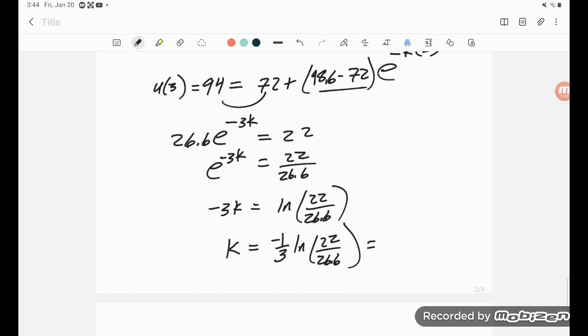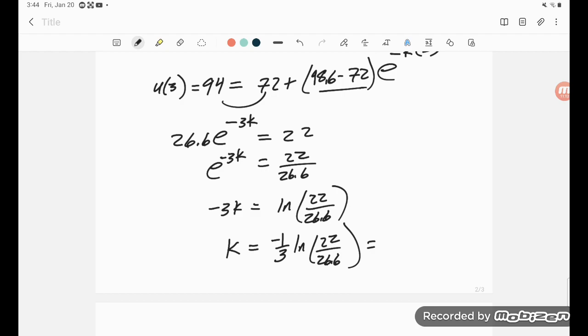So let's see, minus 1/3. Yes. So let me get that in there. I've got to type all that, and then divide everything by 3.